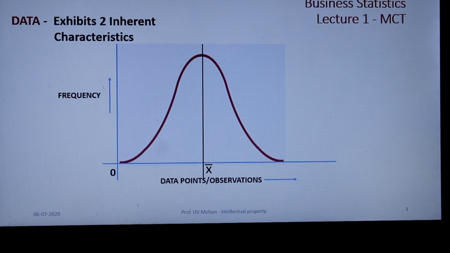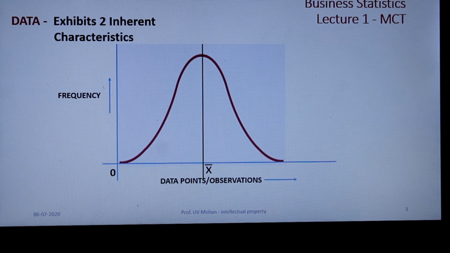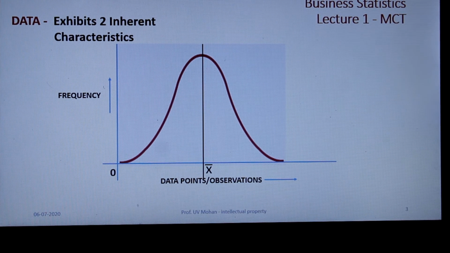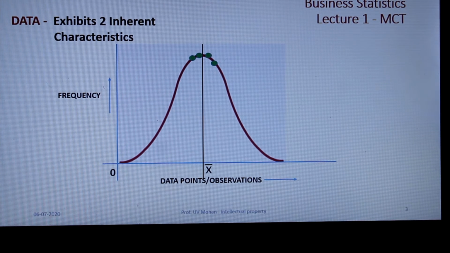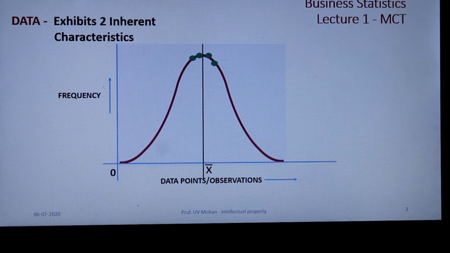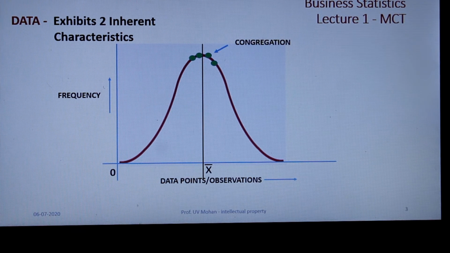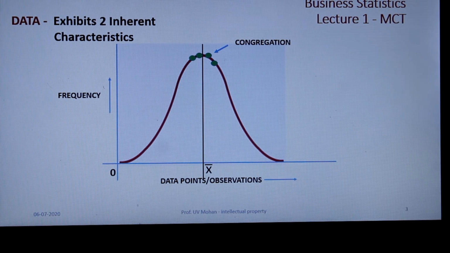Most of the data can be represented by a bell curve. If you look at this bell curve, the x-axis is the variable or the data values. You will see some green dots around the central value or the central line, and this is what we say: some data elements congregate around the central value. That is what we call a tendency towards a central value.